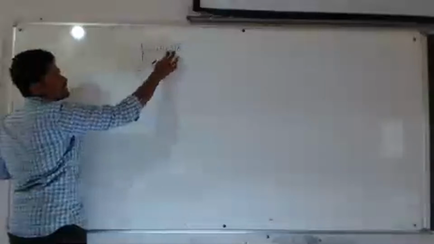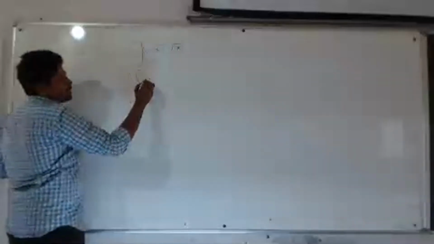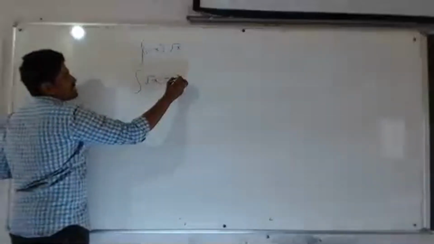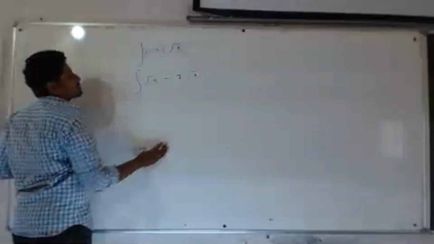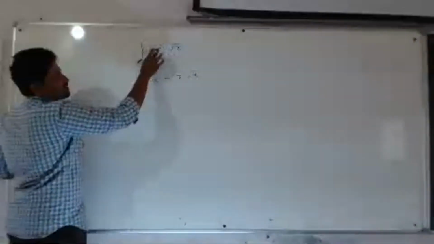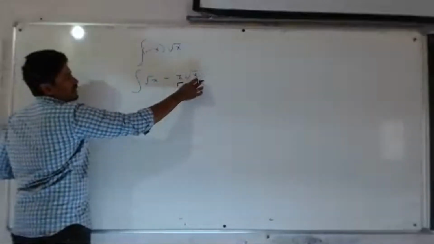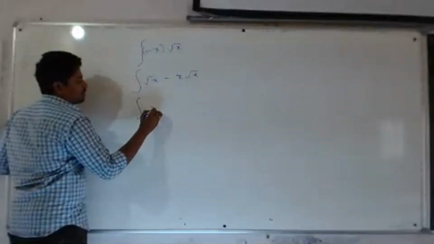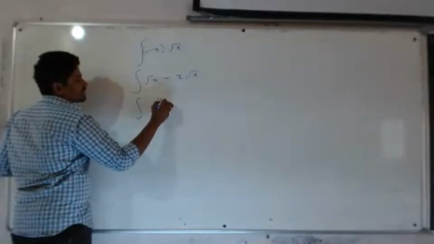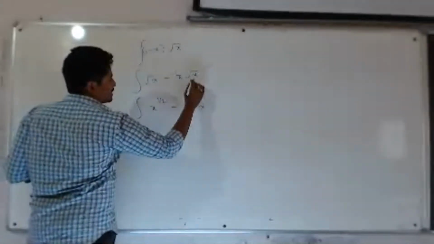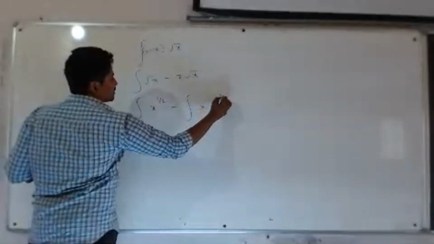Send this root x inside the brackets. It is root x minus x root x. Root x if we send inside, root x minus x root x. Here x into root x we can write like this.